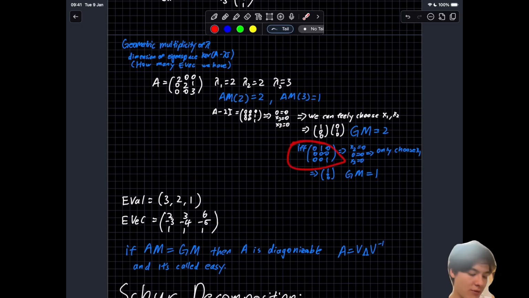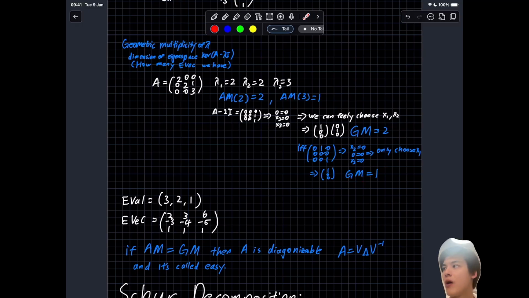But let's say we have this one, it would say x2 equals 0, x3 equals 0, and then 0 equals 0. That means x1 is the only variable that doesn't appear, so we don't have any constraint for that. So we can only freely choose that. So we have a geometric multiplicity of 1.